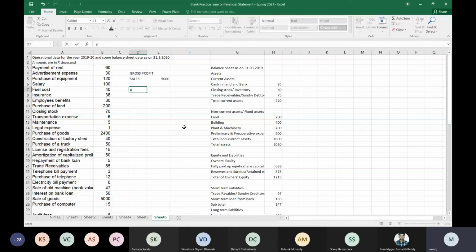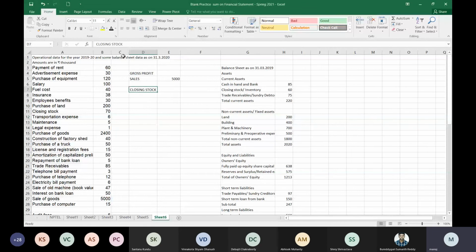So purchase of goods, or maybe you can write closing stock. Whatever stock you inherited, let us put this in simple font, closing stock. So this stock was already there. Sorry, it should be opening stock.